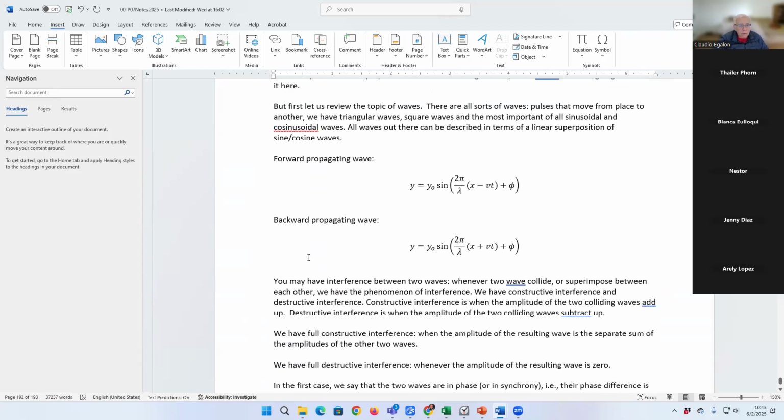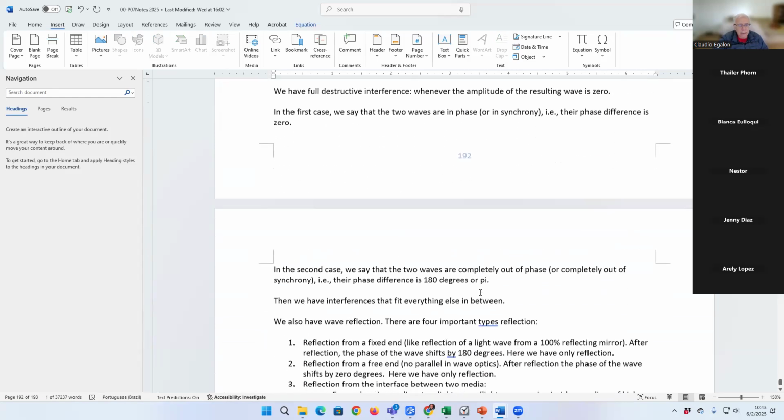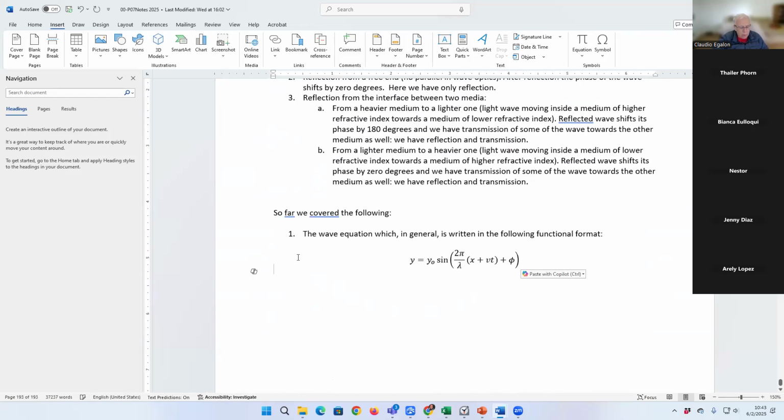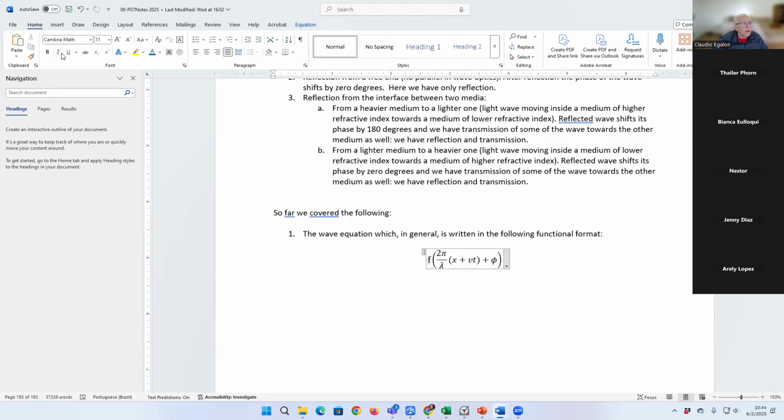The generic functional format is like the following: function f, it's got to be italicized. The generic functional format of a wave is this one here.